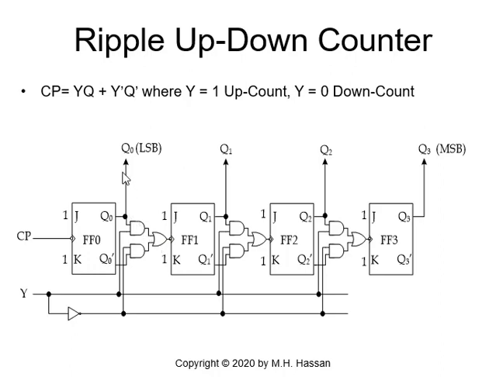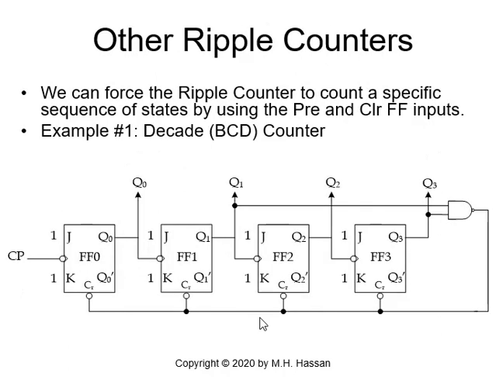I have Y Q0 or Y prime Q0 prime for the first one, Y Q1 or Y prime Q1 prime for the second flip-flop, and Y Q2 or Y prime Q2 prime for the third flip-flop. And we have Y and Y not. By doing that, we generated an up-down counter, and this circuit works very nicely.